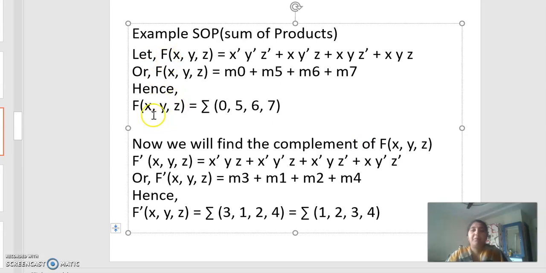So here f of x, y, z contains the minterms 0, 5, 6, 7. The complement of f contains the minterms 1, 2, 3, 4. So 1, 2, 3, 4 will not be there in this particular function.